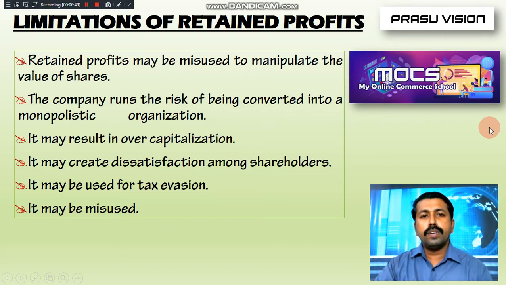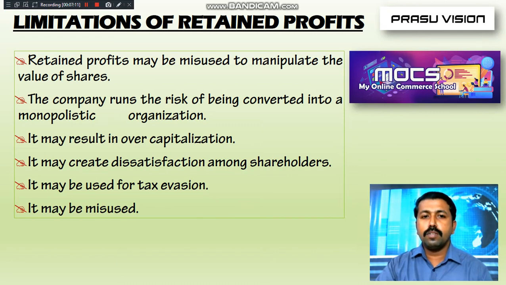Retained profit may be misused to manipulate the value of shares. Sometimes the company will misuse the retained profit to manipulate the value of shares. And the company runs the risk of being converted into a monopolistic organization.